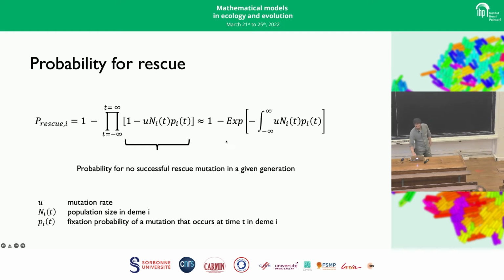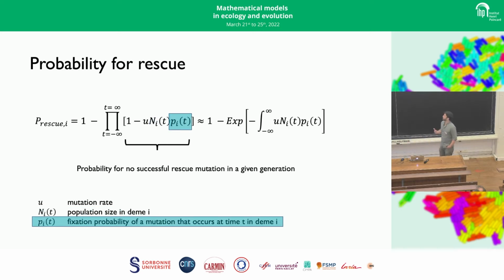Then we can approximate this by switching to an integral here. This is pretty straightforward and can be found in the literature. But the key ingredients here, and that's why I'm showing this, are the population size dynamics over time and the fixation probability of a given mutation as a function of time, where i is the deme in which it occurs.